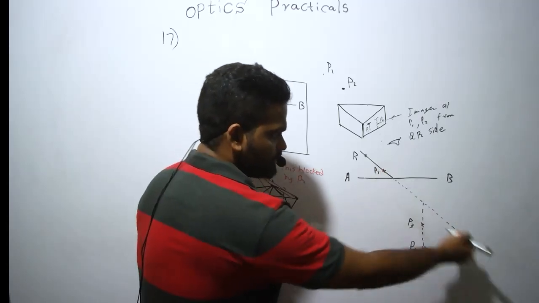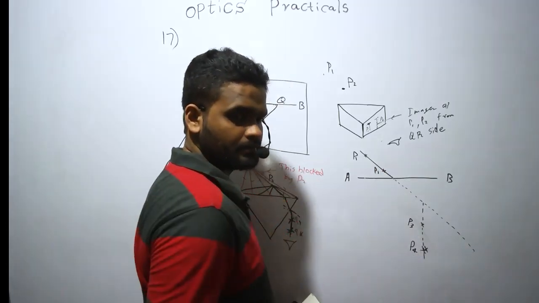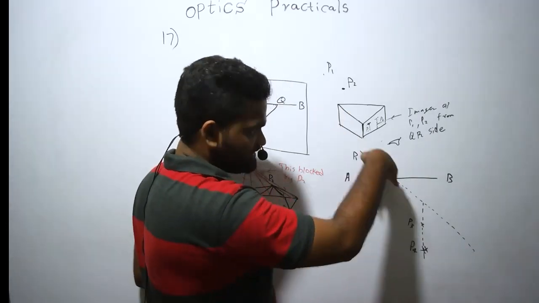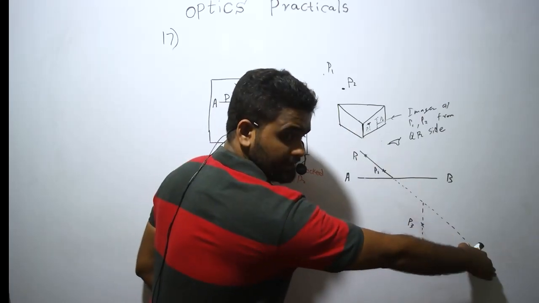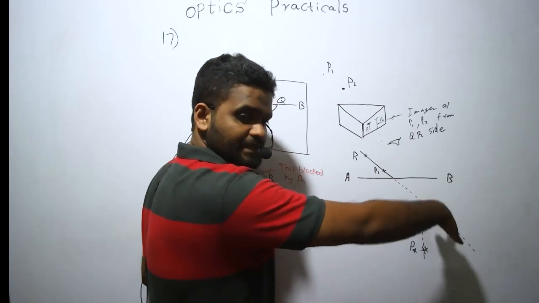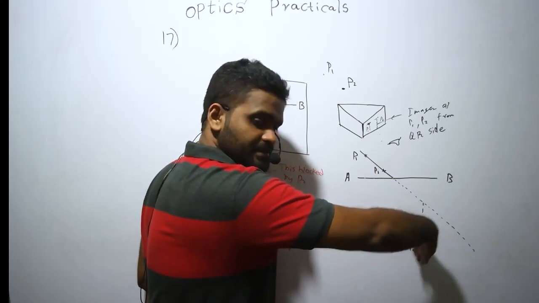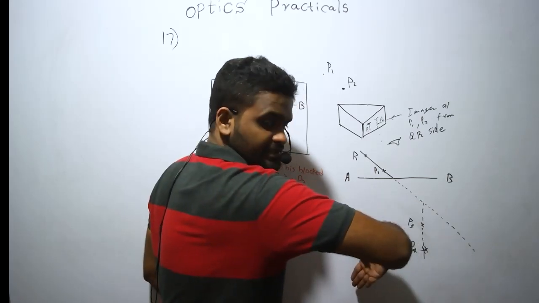Then you can draw this line and this line. This is the incident ray. It was going to go like this. But finally, as that ray emerges from the prism, it has deviated this much.